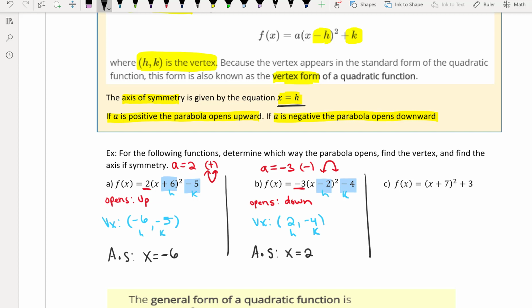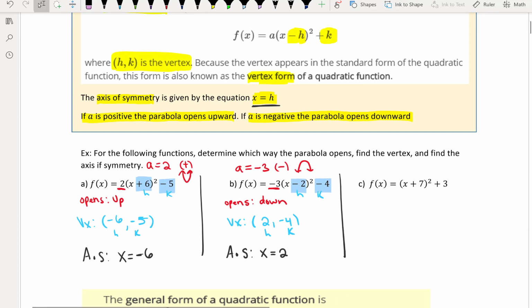All right, now looking at part C. What's that a value when it's not there? Whenever there isn't a value, we can always assume it to be 1. So a is equal to +1. That means it's positive, so it's smiling at me, so it's going to be opening upward.